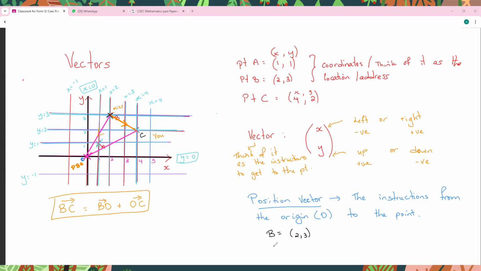Now, from the bus route to my house, the instructions would be in this form. Remember, I'm moving 2 places right and 3 places up. But in order for me to walk from my house to the bus route, that's the opposite direction.